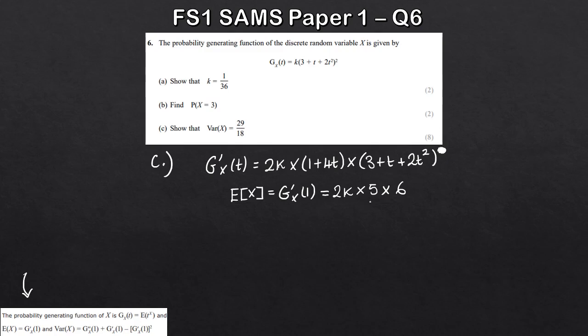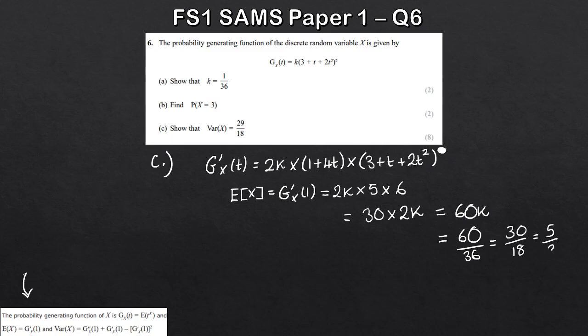So it's going to be 30 times 2k, in other words, that's 60k. And so that's 60 over 36, which simplifies to 30 over 18. I think that's 5 over 3, right? Yeah, 5 over 3. So that's the expectation of x.